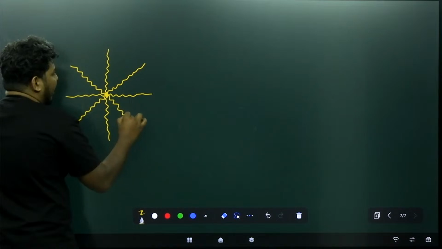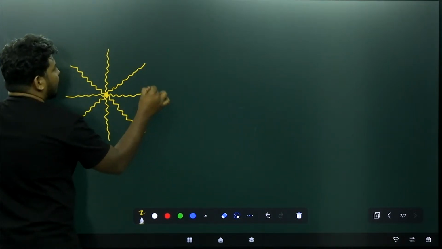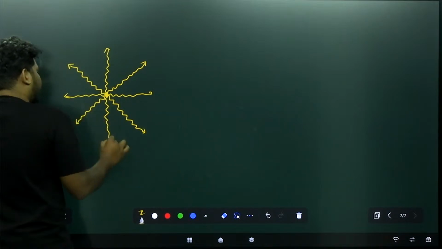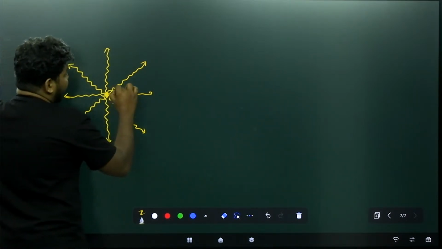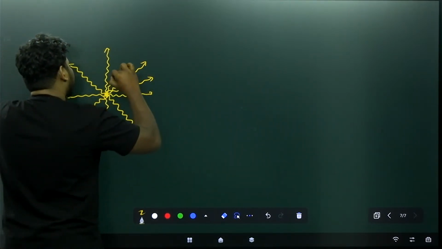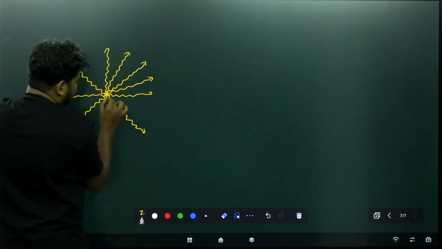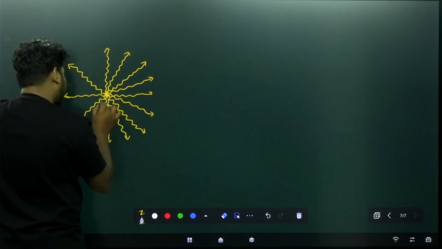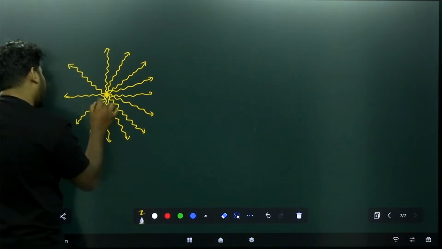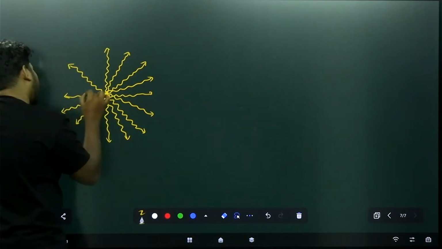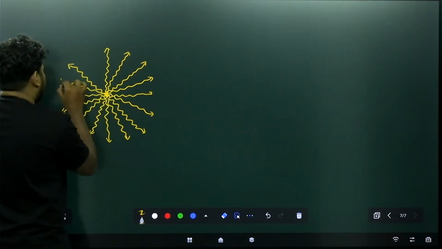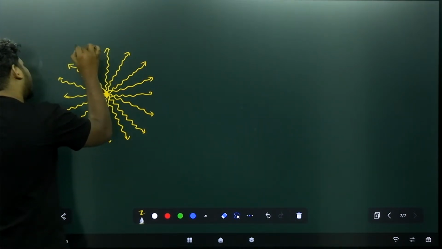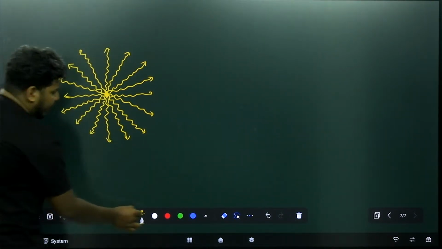There are many waves coming from the source. So this is the light source.